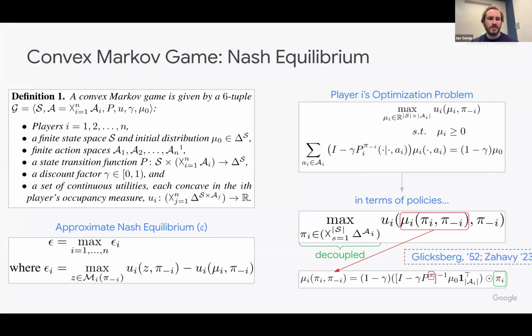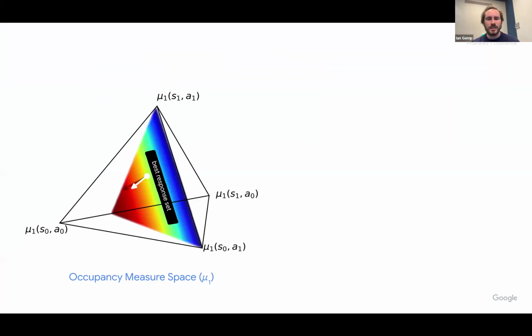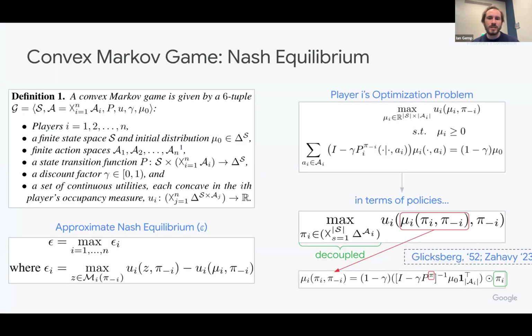So we're starting with a set that's contractible. And then if we push it through a mapping like this, which is upper hemi-continuous, then we know that that contractible set remains contractible.